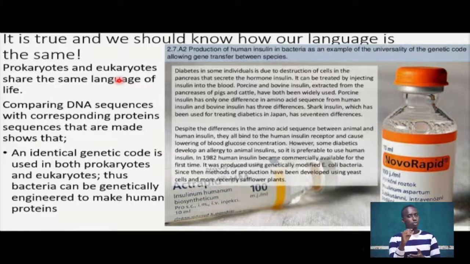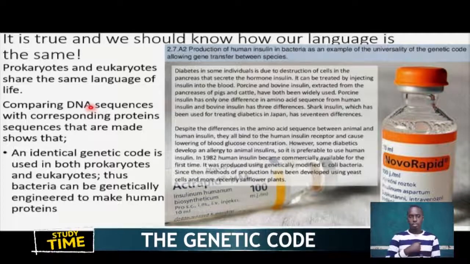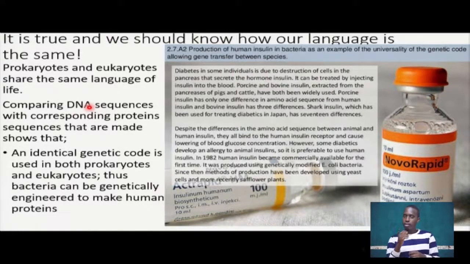So what does this mean? That when comparisons have been made between the DNA bases and sequences in humans and other animals, there is so much relation that a certain protein made within the bacterial cell is done in the same way in my body. What does that mean?